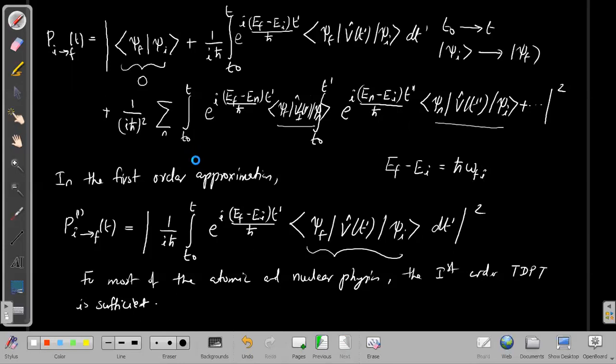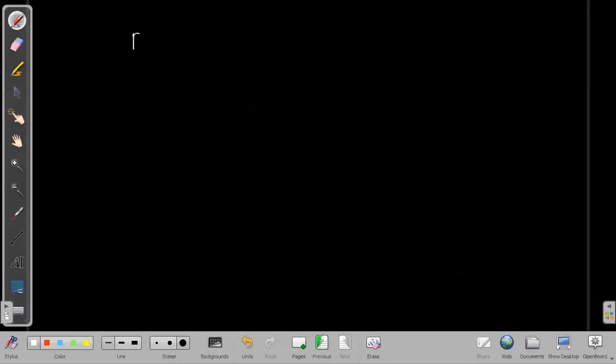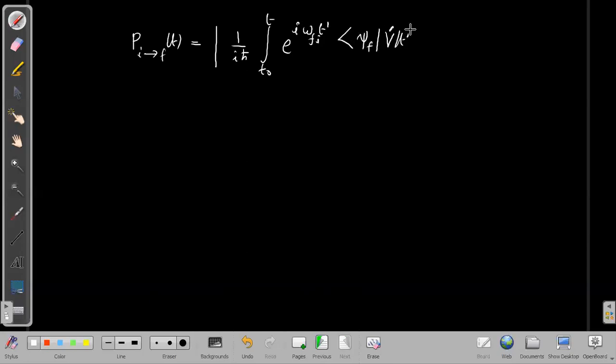So the probability of transition from i to f at time t is mod 1 by i h cross integral t0 to t e raised to i omega fi t prime psi f V at t prime psi i dt prime, mod square.